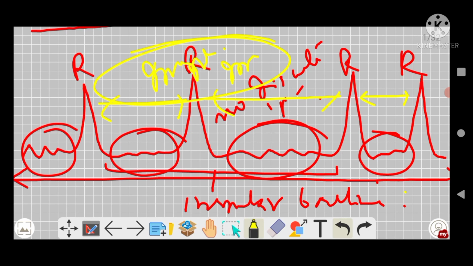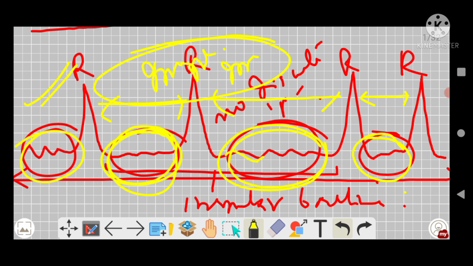This is how we identify that a tracing is of atrial fibrillation. First of all, there are bizarre P waves, or no discrete P waves. The P waves are not characteristic, not typical P waves. Now if you see the distance between the RR peaks, it is irregular.